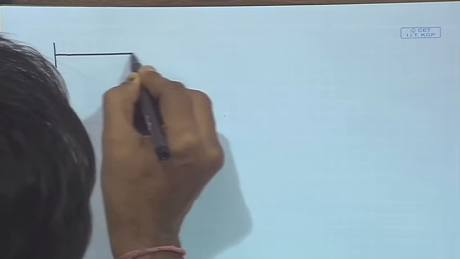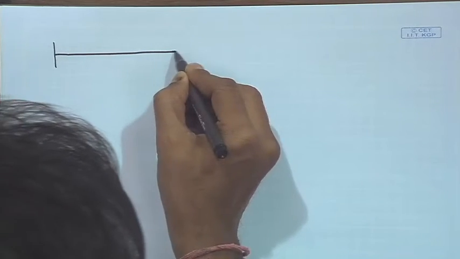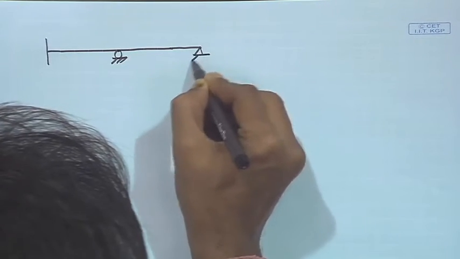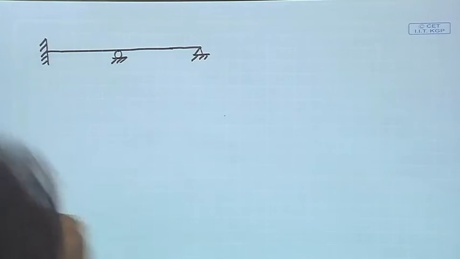Okay, great. So we need to find the internal forces in this structure. This is a statically indeterminate structure. Now let us draw the structure. This is a roller support, this is a hinge support, this is a fixed support.